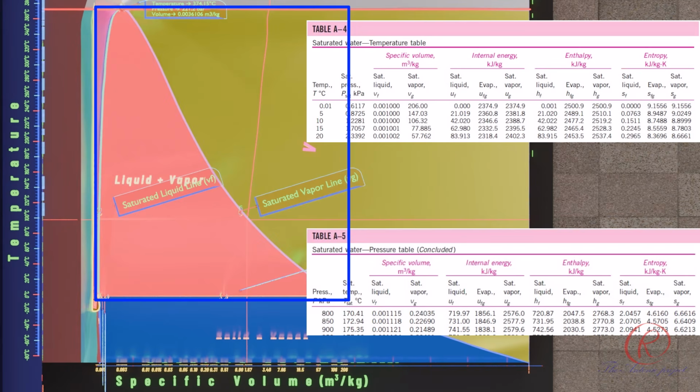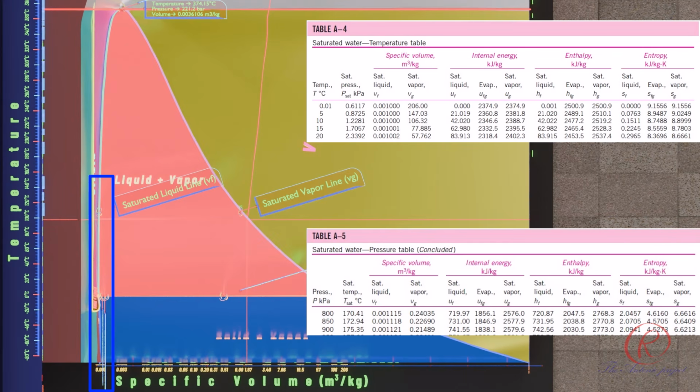The saturated water table represents the area of the liquid-vapor dome. The saturated liquid volume, or Vf, represents the specific volume, v, of the fluid, f, that lies on the saturated liquid line. The saturated vapor volume, or Vg, represents the specific volume, v, of the gas, g, that lies on the saturated vapor line.